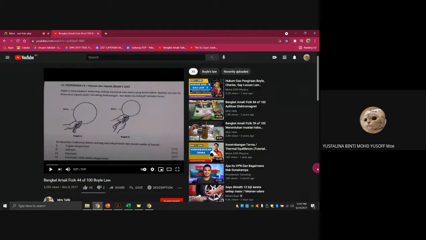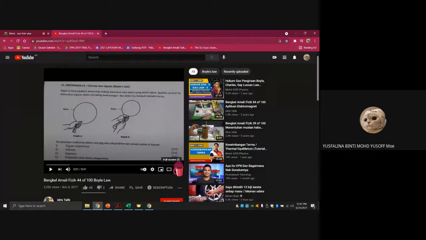The answer should be 2500 Newton, if I'm not mistaken. If you got 2500, it's correct, because there is no 2500 among the options A, B, C, D in that question.